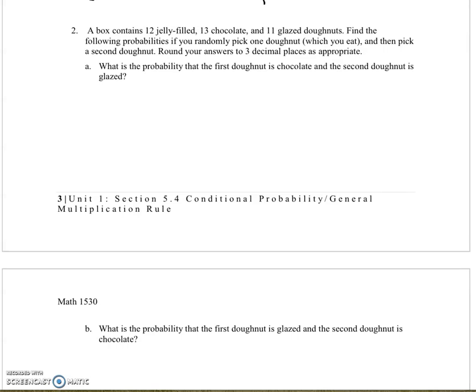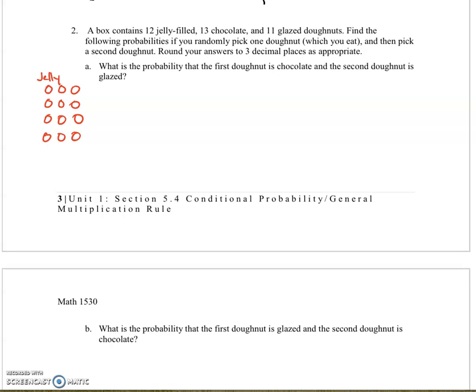Last time, in the previous problem, we drew a probability tree. This time, let's take a slightly different approach. We have jelly-filled donuts, which I'm going to make red, chocolate, which I'll use black for, and glazed, which I'll use blue for, just because I'm limited in my colors. So 12 jelly-filled donuts, 1 through 12.